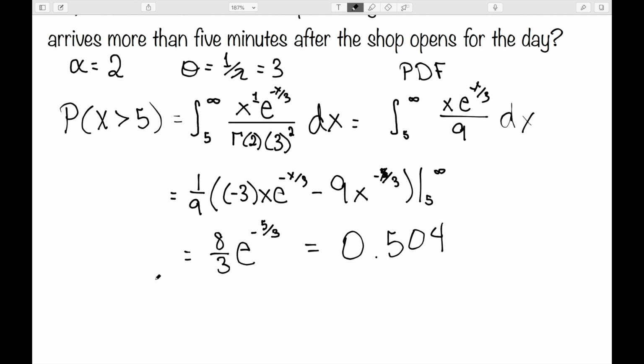And since alpha is an integer, this is not the only way we could have done this. For the probability that x is greater than 5, we could have also used our CDF. This would have been 1 minus the probability that x is less than or equal to 5.